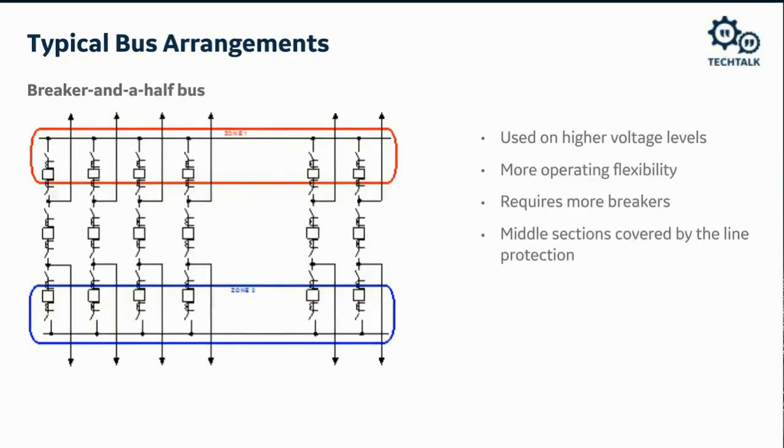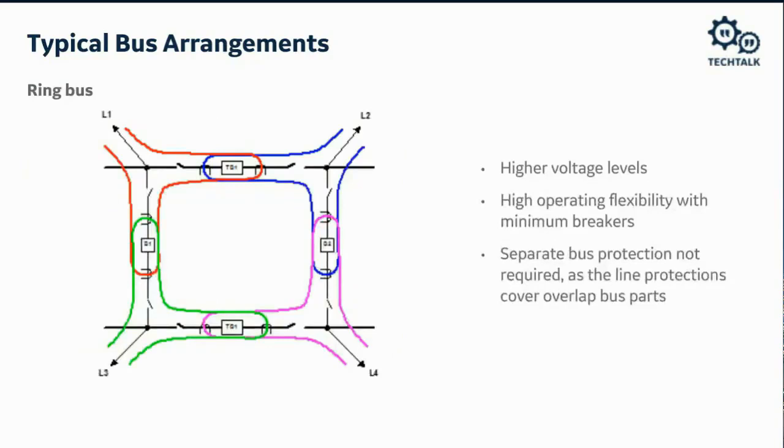One of the typical bus arrangements that you'll see here in North America is the ring bus at transmission level or high level voltages, 345 kV, 500 kV, and above.